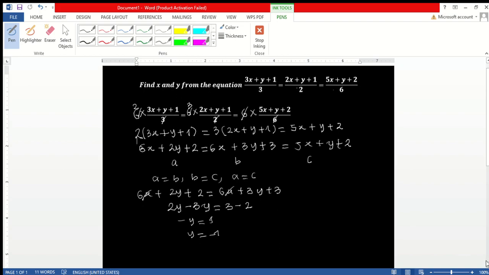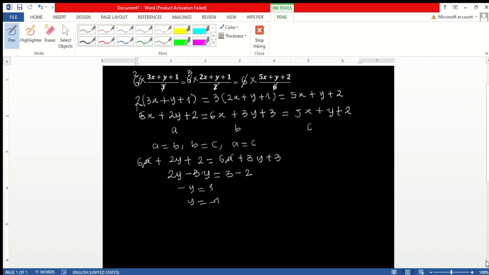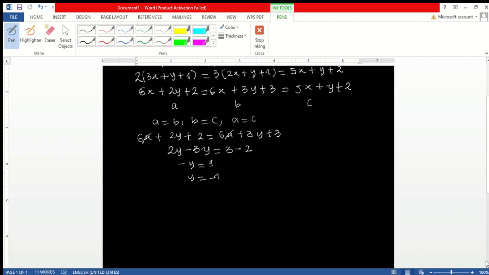Now let's see how it's possible for us to also obtain the value of x by letting B be equal to C. So B is 6x + 3y + 3, and C is equal to 5x + y + 2.